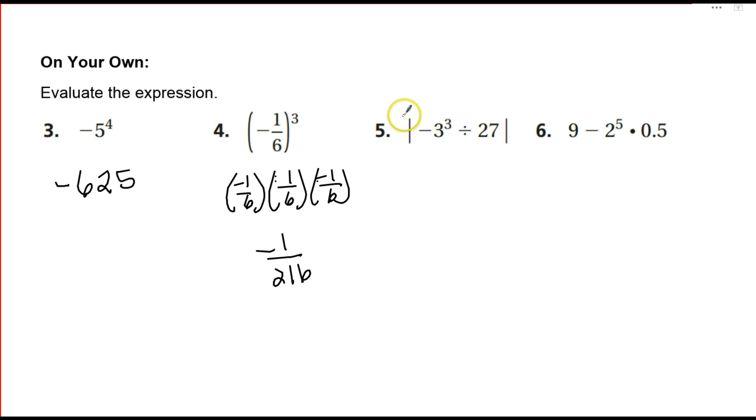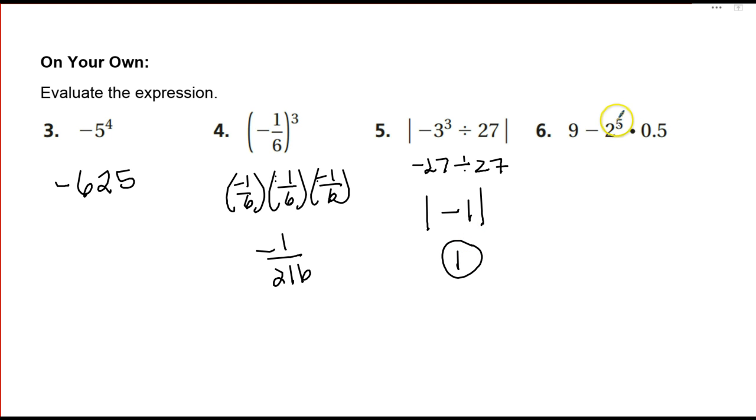Number 5, these are absolute value symbols. So this is the absolute value of the opposite of 3 cubed, which is negative 27, divided by 27. So this is the absolute value of negative 1, which is positive 1.